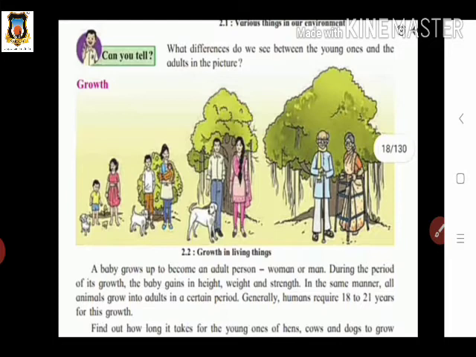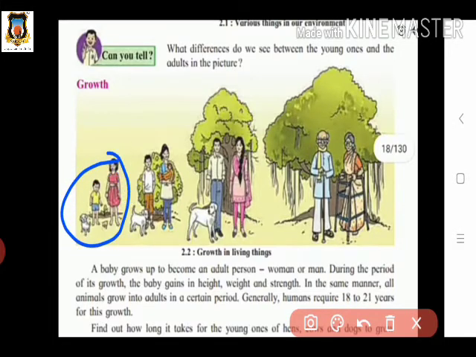The young ones are the small dogs, small plants, and the boy and girl. The adult ones are this dog, the old man and old woman, and this tree.